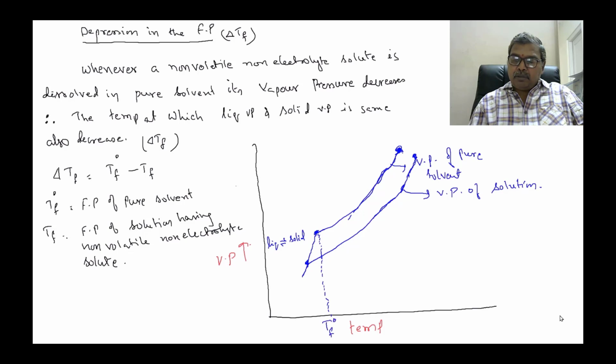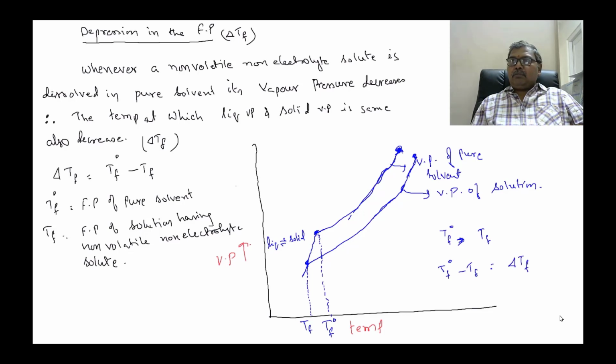This is freezing point of pure solvent, and this is freezing point of solution. Tf naught is greater than Tf. So difference between Tf naught minus Tf is called depression in freezing point. Clear?